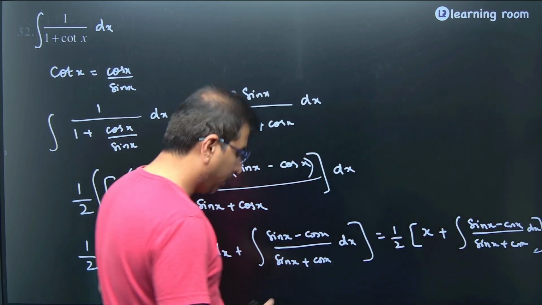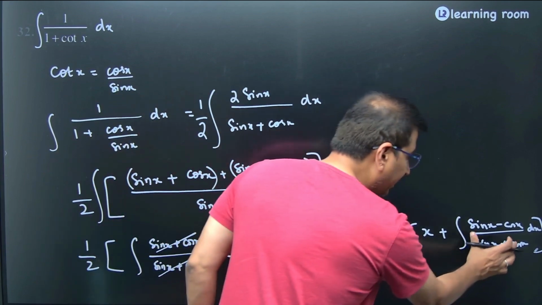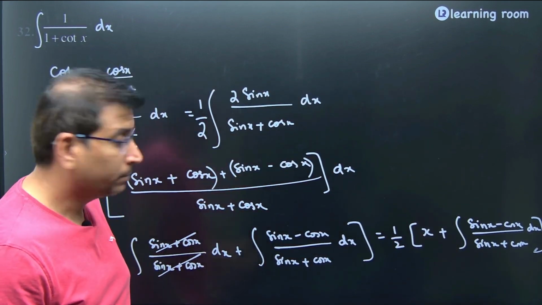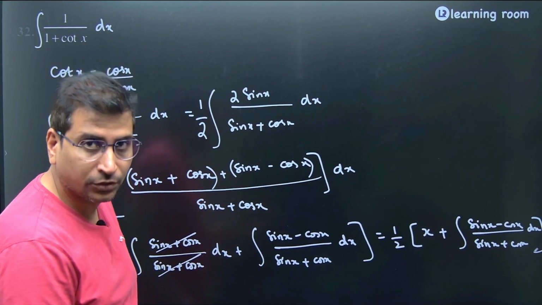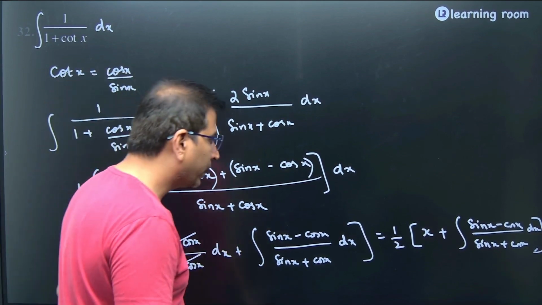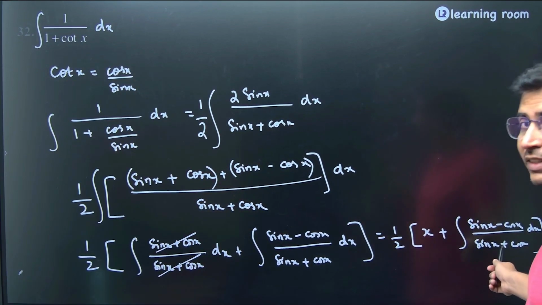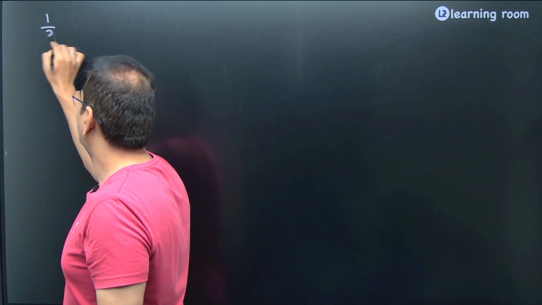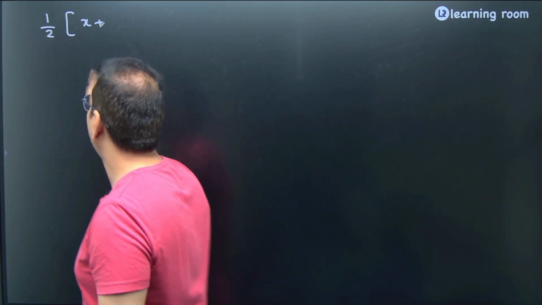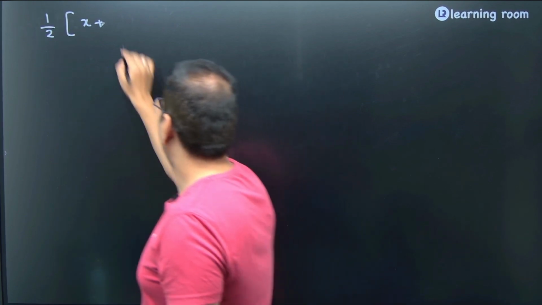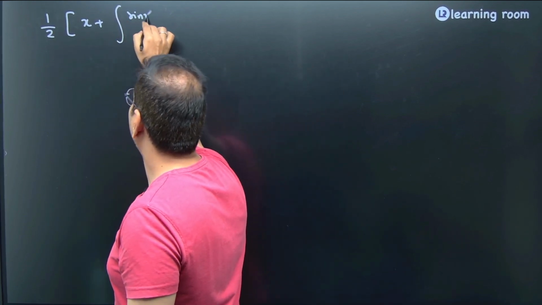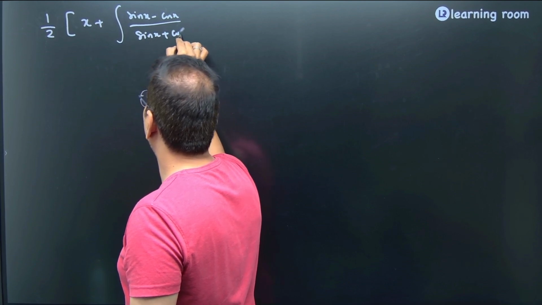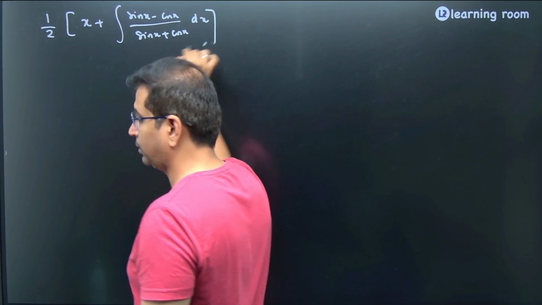Now if you observe, if I take sin x plus cos x as t, then sin x minus cos x will become minus dt. So we take the denominator sin x plus cos x as t. Let me rewrite it: half of x plus the integral of sin x minus cos x, the whole divided by sin x plus cos x times dx.